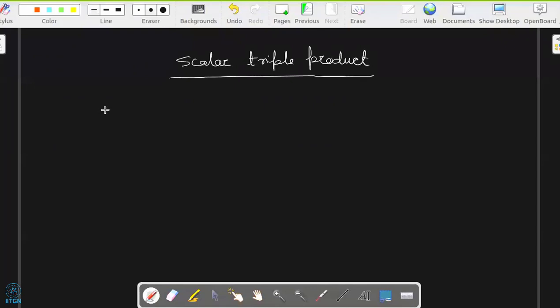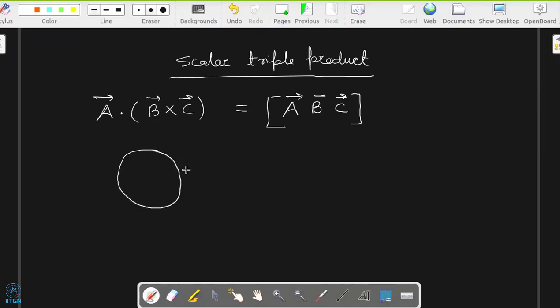And this is vector A dot vector B cross vector C. This is also represented as the bracket A, B, C. So let's say you have vector A here.